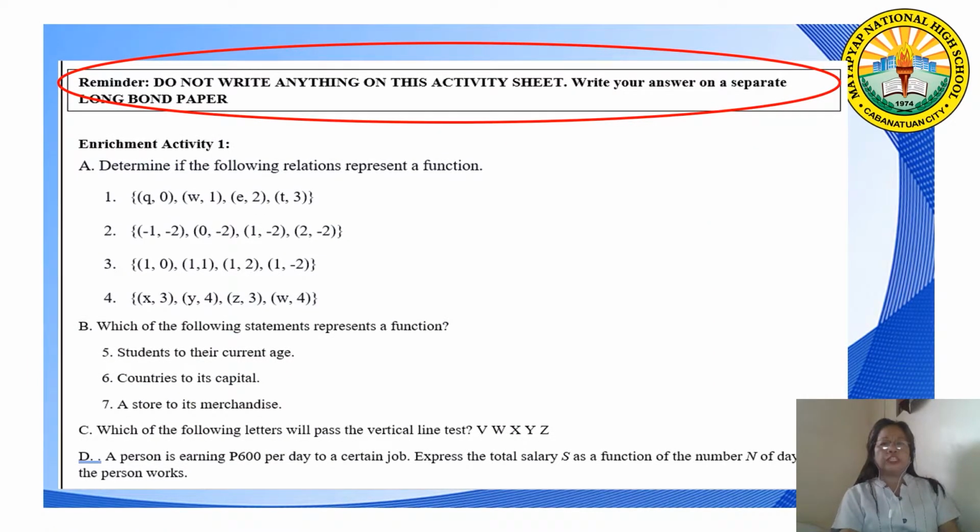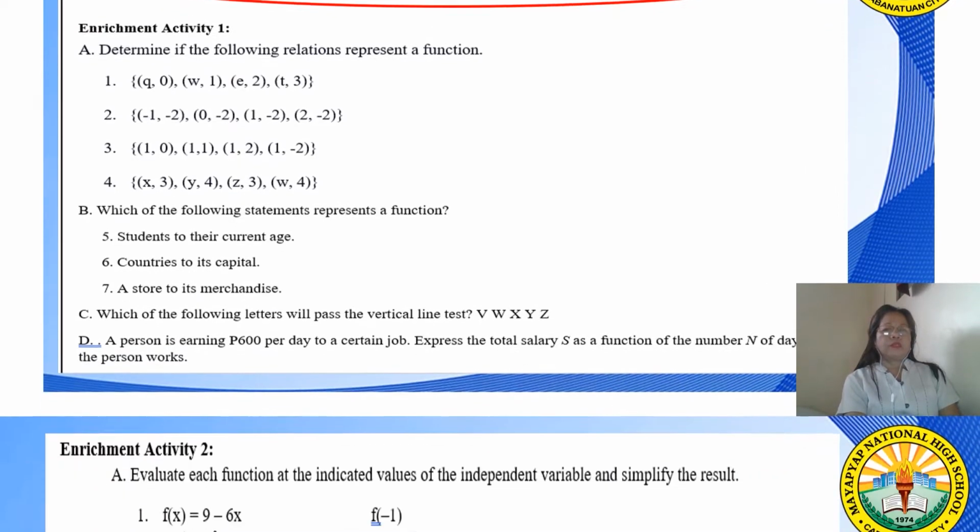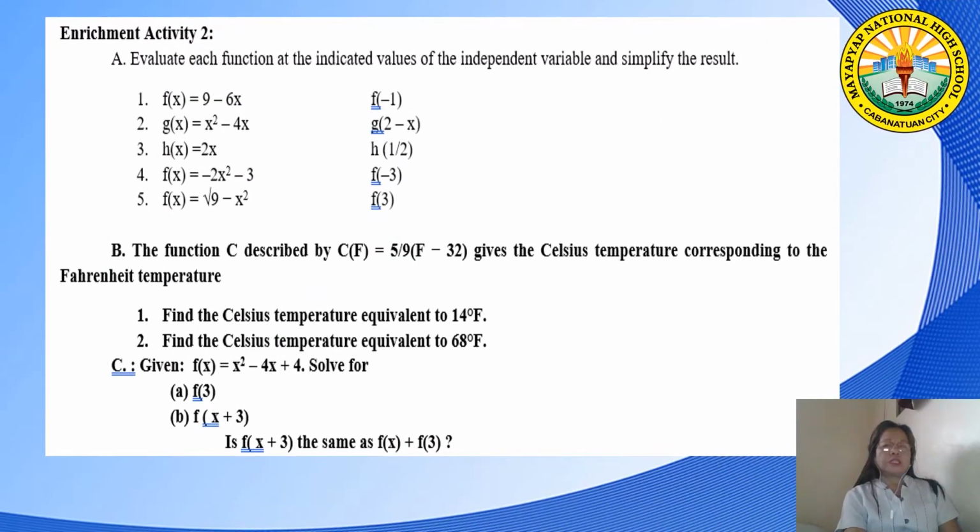At this point, turn to your activity sheets to do your task. Reminder, do not write anything on this activity sheet. Write your answer on a separate long bond paper. For enrichment activity 1, determine whether the following relations represent a function. For enrichment activity 2, evaluate each function at the indicated values of the independent variable and simplify the result.